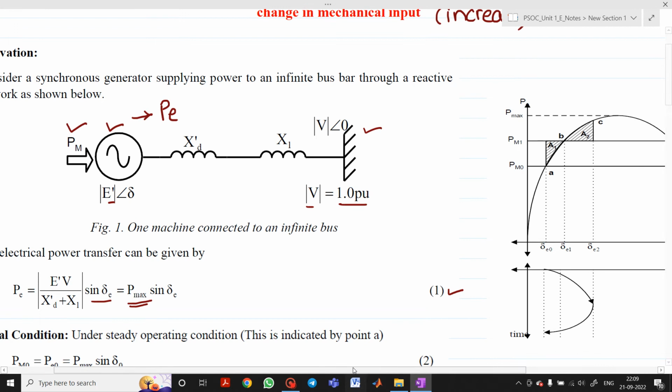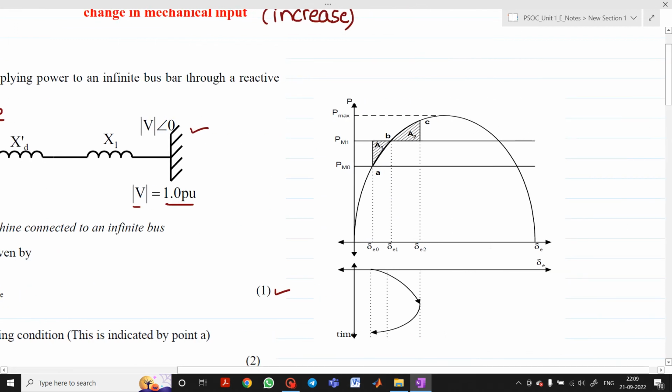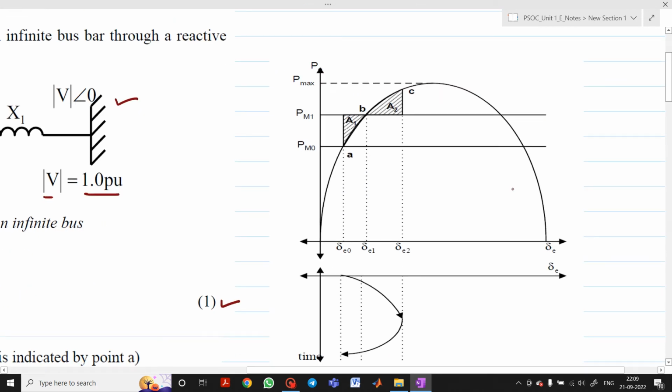Based on this, here we have drawn a P-delta curve. Delta is on the X axis, P is on the Y axis, and this is your P-delta curve. PM0 is nothing but the initial mechanical input. The 0 indicates the initial condition.